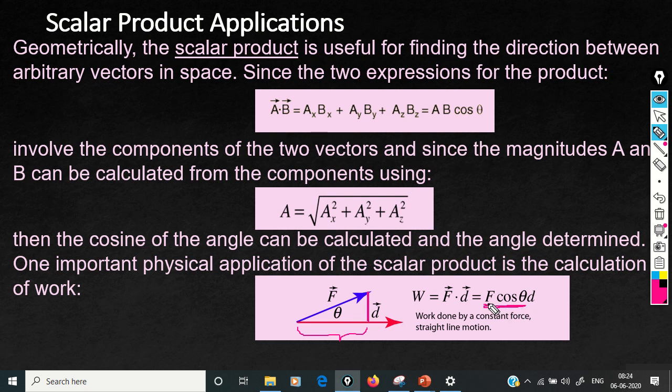When I resolve one vector into the direction of the other, that is in the D direction, I am getting a scalar product. Using the scalar product, I can calculate the work done by a constant force in straight line motion. So in the direction of D, you are resolving the vector F. This is one application we have discussed of where I can use the scalar product.